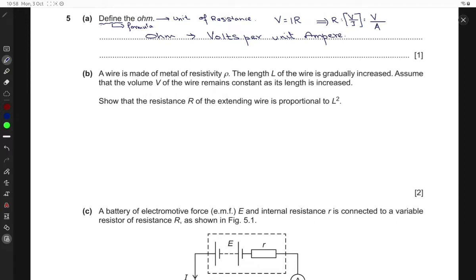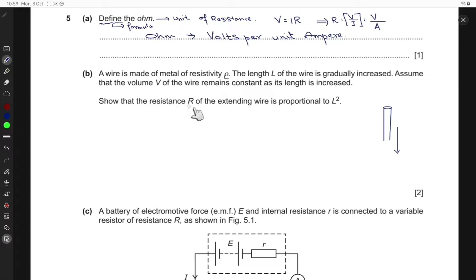So that's ohm. Part B, a wire is made of metal of resistivity rho. The length L of the wire is gradually increased. Assume that the volume V of the wire remains constant as its length is increased. So we are just assuming, so this is the wire, and its length is increased slowly, gradually, but they're saying that the volume remains constant.